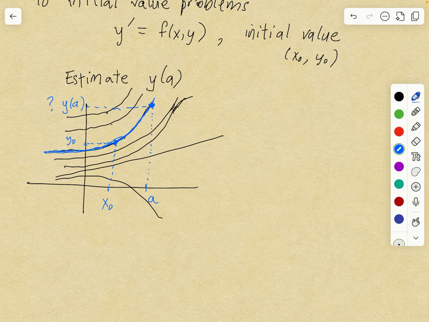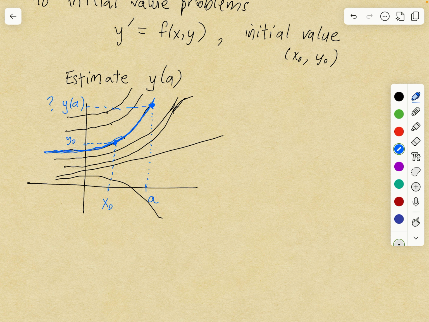Well, if you don't know the equation of this curve, then you wouldn't be able to know exactly what that is. If you knew the equation of the curve, then it's easy. You could just plug in x equals a and then figure out what y is equal to. But if you don't know what the function is, right, what the solution actually is, then you will not know exactly what you get when you plug in x equals a, because you don't know what your function even is.